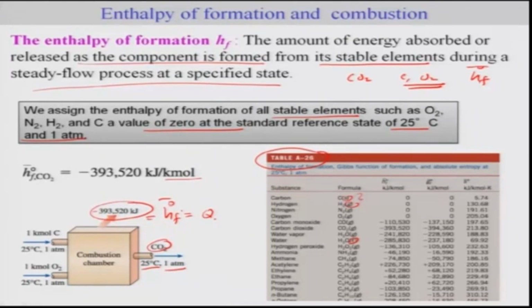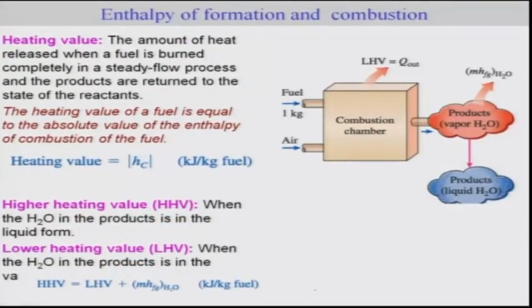For the elements which are stable, such as carbon, hydrogen, nitrogen, oxygen, the reference values are considered to be 0. That is only for the enthalpies or the Gibbs free energy here. For the other molecules, the values are given here. This is something we will be able to use in solving problems related to chemical reactions.